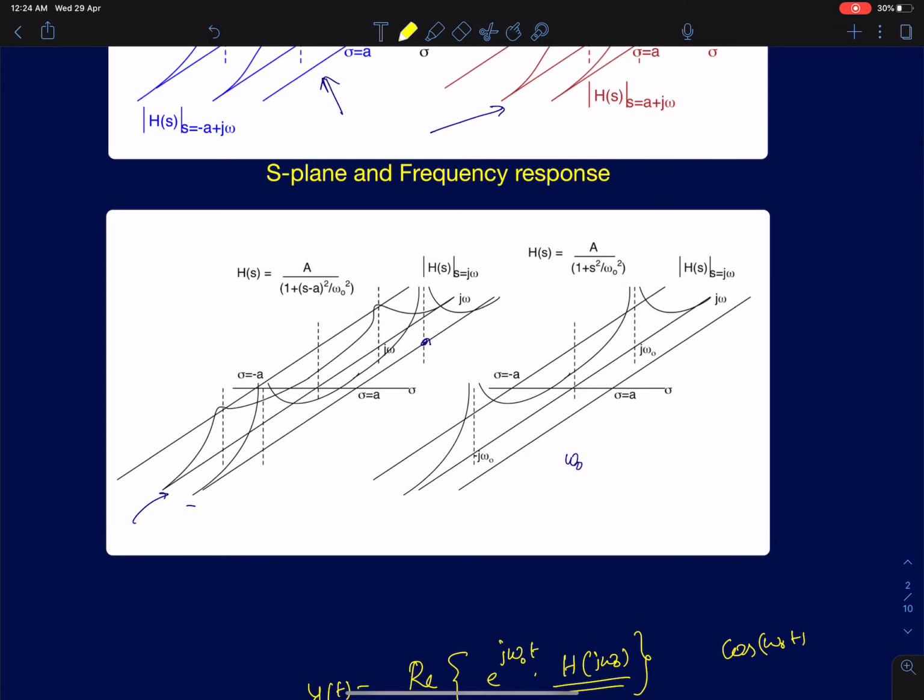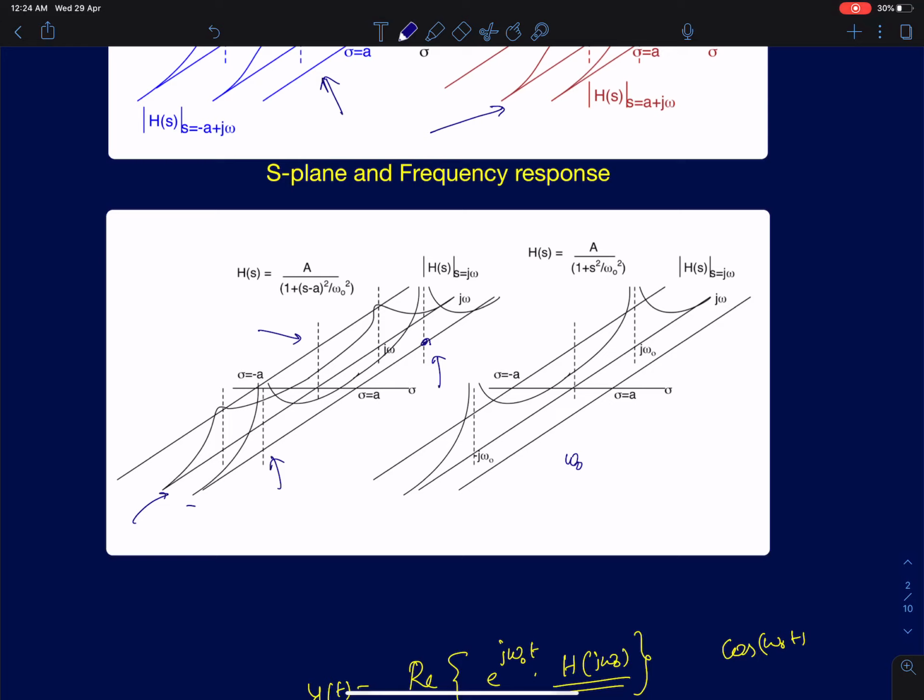The other case is when you have complex poles. Again, whether you have right of plane complex poles or left of plane complex poles, on the j omega axis there will be no singularity. When you find the frequency response, it's never going to blow up to infinity at any frequency. So if I apply any sinusoid, the output as per the equation that we have discussed should be bounded.